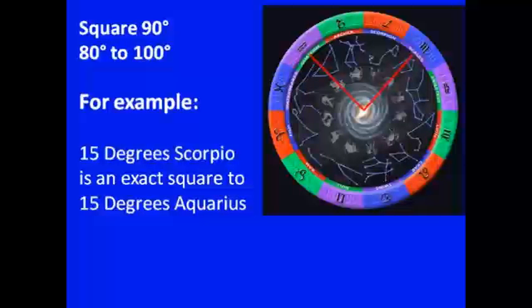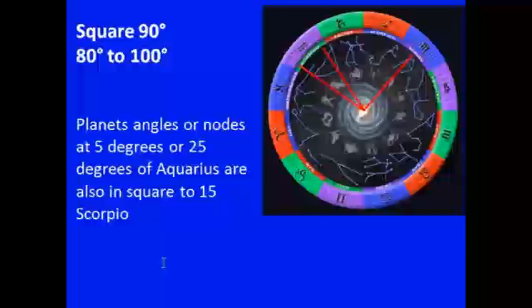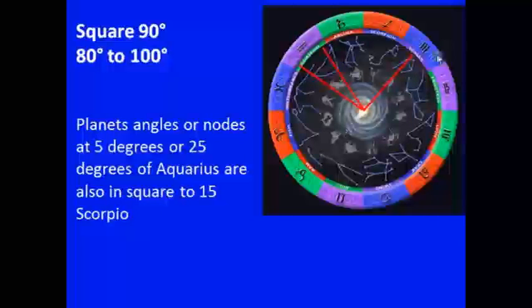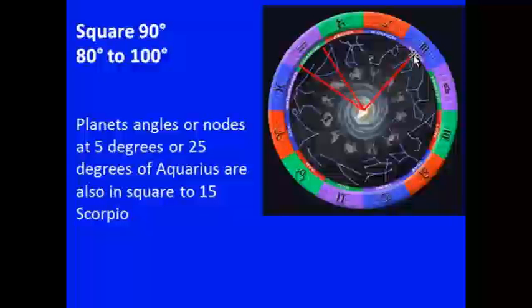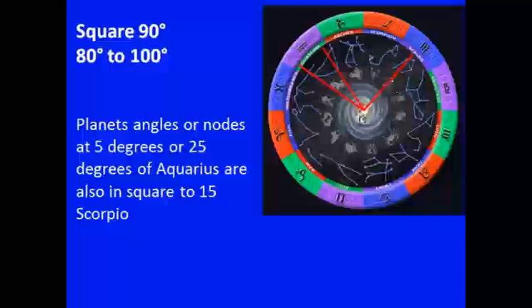However, if we had another planet at 5 degrees of Aquarius in square to a planet at 15 degrees Scorpio, they would still be square. We could still draw in the square line.